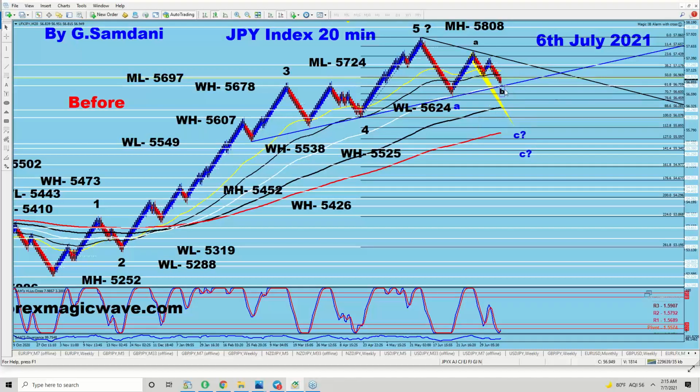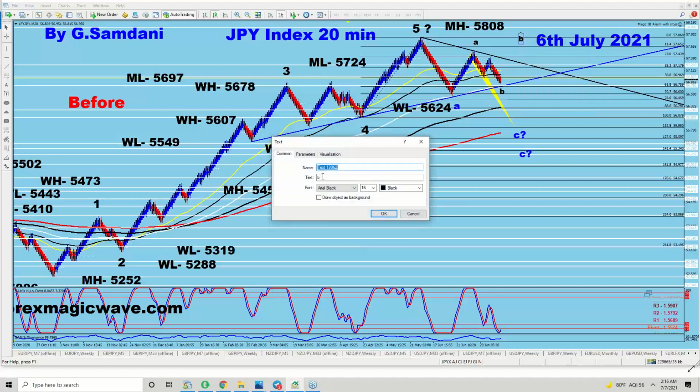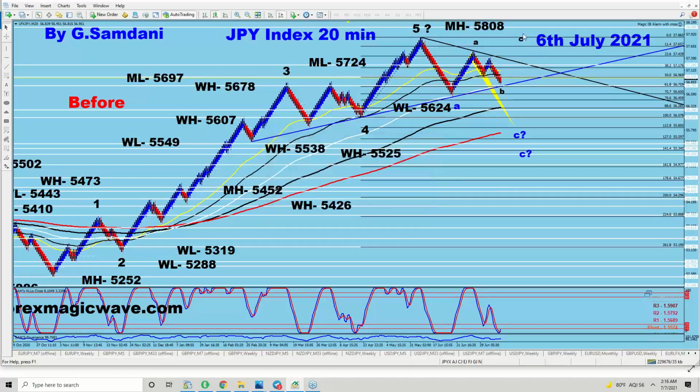But the second possibility is that this trend line stops it here. For example, these levels, 56, 78, 56, and 97. If these levels stop it, then it might go up for wave C to make a Gartley kind of pattern here.